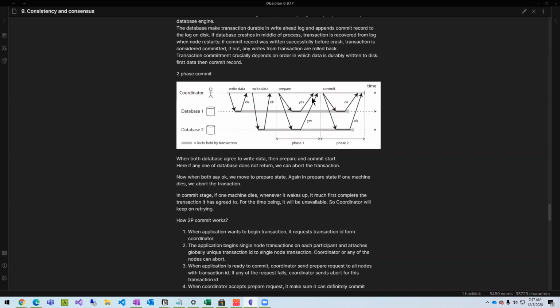And if both of these say yes, then the coordinator will store in its write ahead log that this transaction has to be committed, and then it will send this message to both of these databases. And then as the databases receive the message, they will commit the data, right?